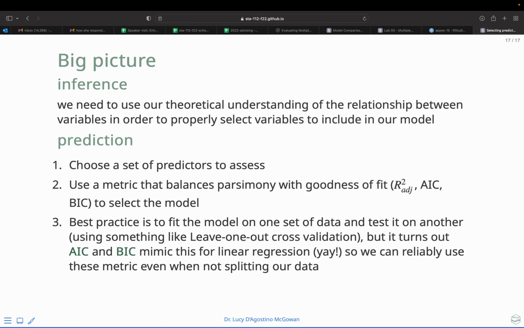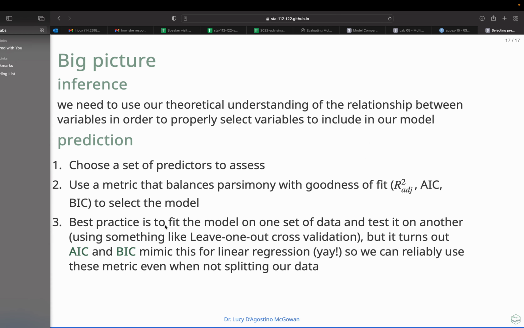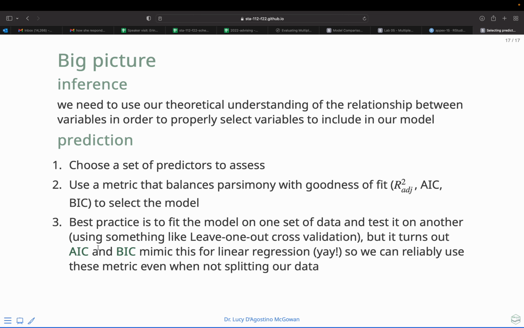The best practice in general for any prediction model you're building is to fit the model on one set of data and test it on another, so using something like leave one out cross-validation. But it turns out for linear regression, AIC and BIC actually mimic this process, and so we can reliably use these methods without having to actually split our data.